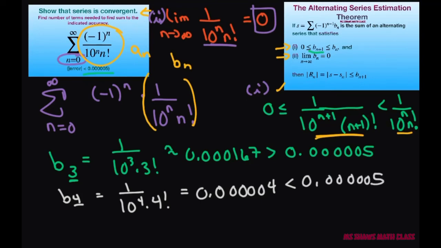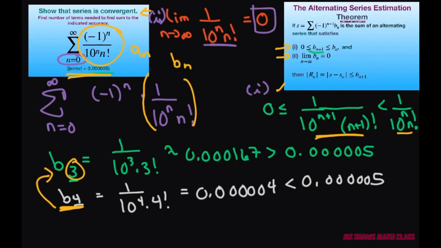Therefore, by the alternating series estimation theorem, since this is less than the desired error, we can stop here.